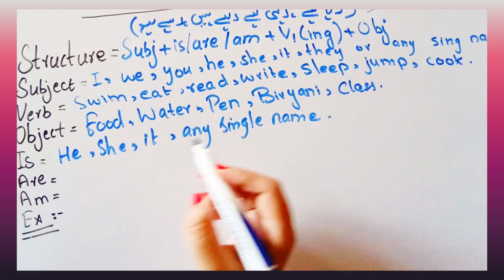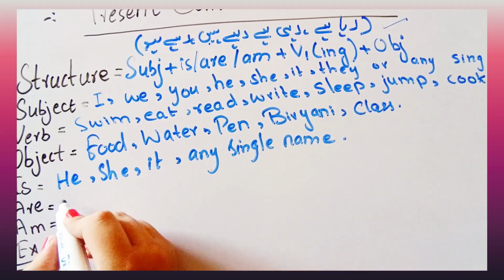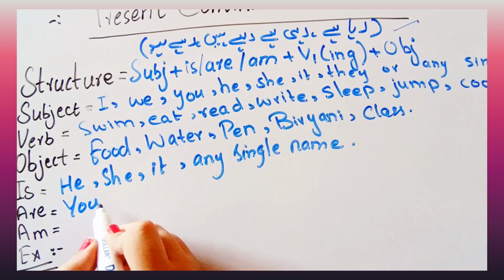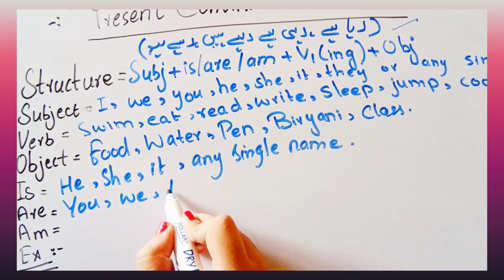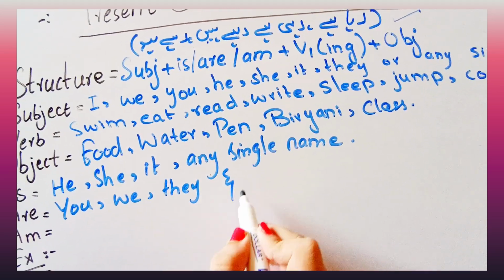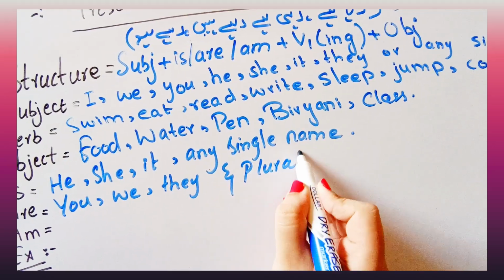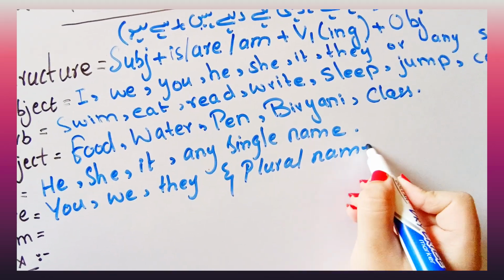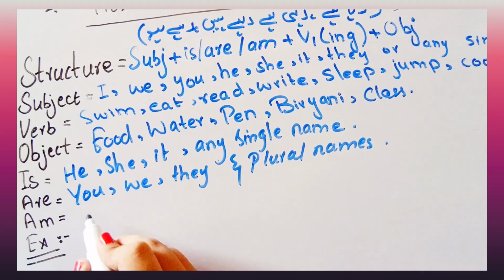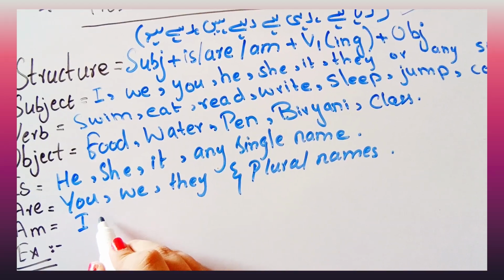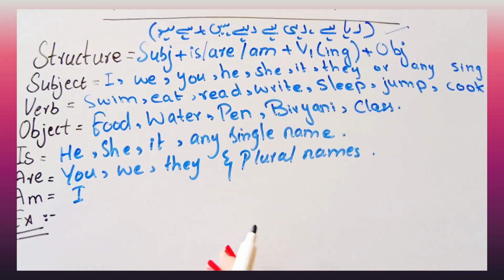As you can see, and are we use basically with you, we, they, and plural names. Am we use with only I. And now let's move toward the examples.